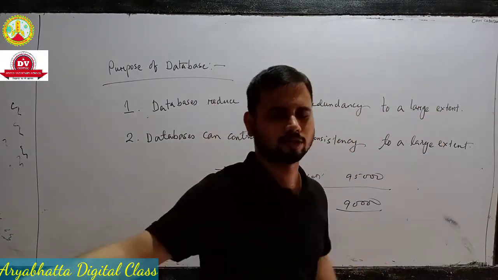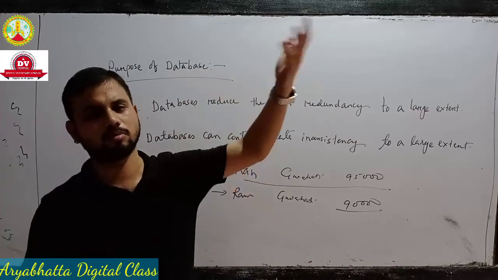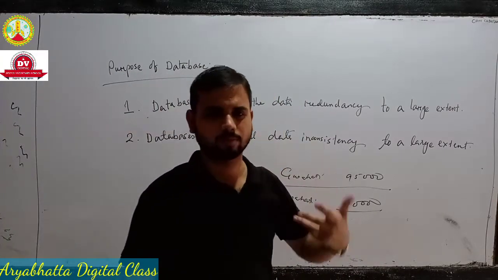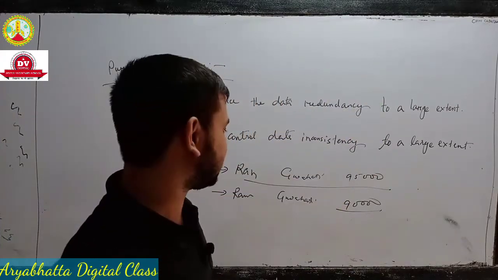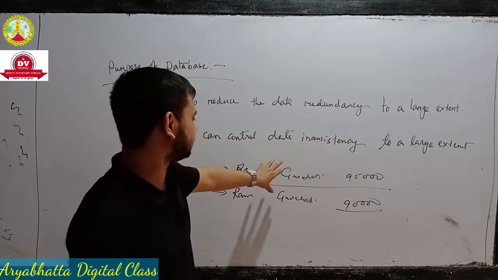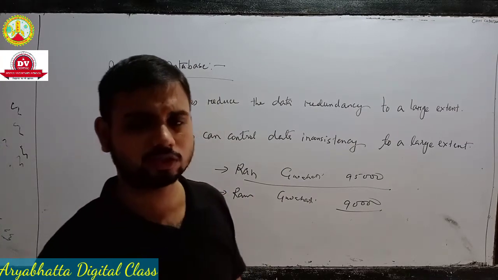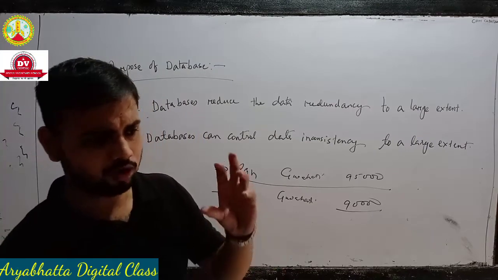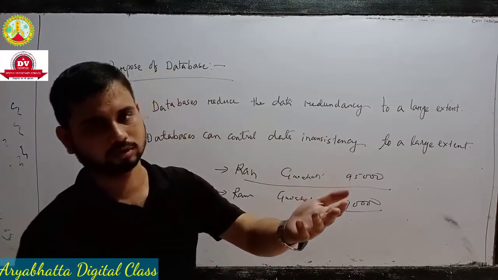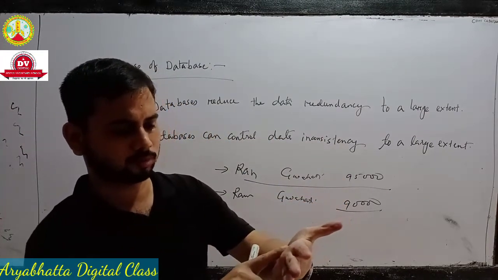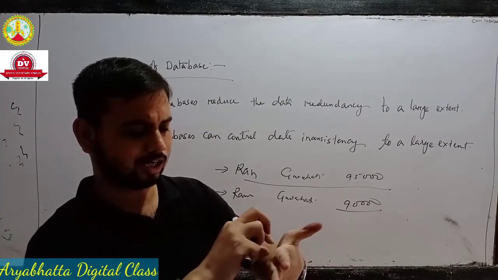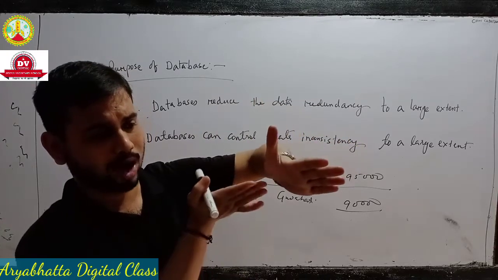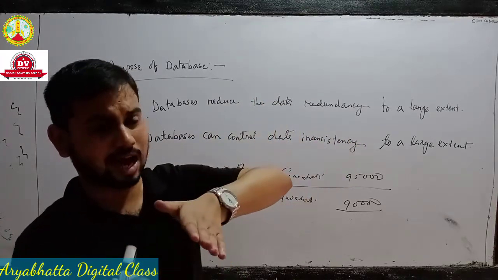Suppose there is a lot of data, millions of records. Suppose one man's information is stored twice. After some point you update the information of that person, but since the person's information is saved twice, one copy is updated and the other is not.